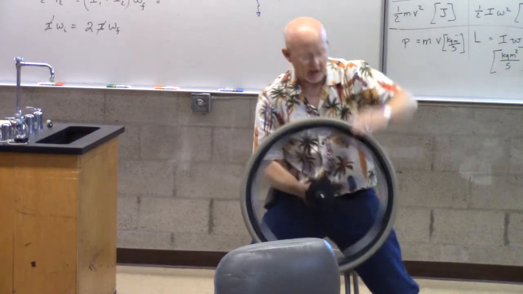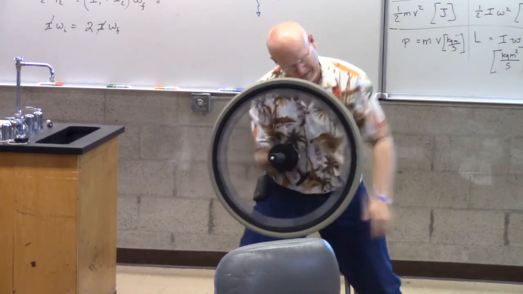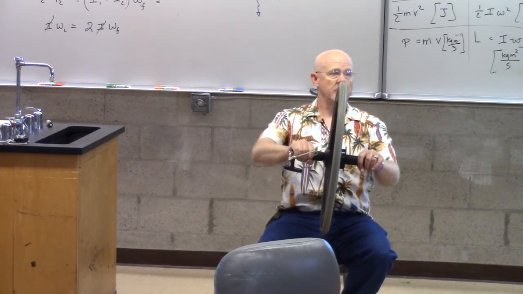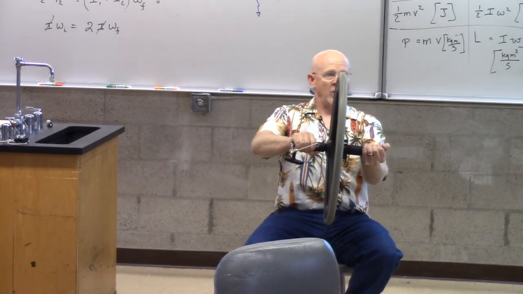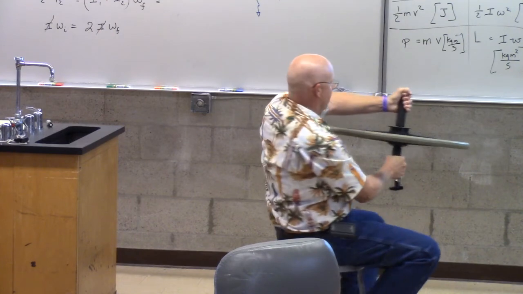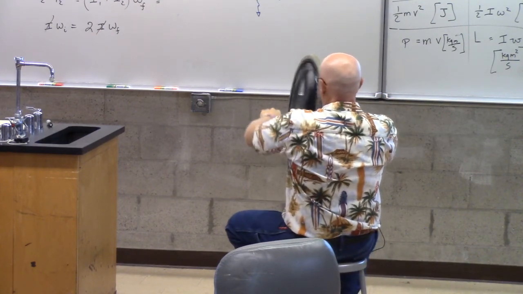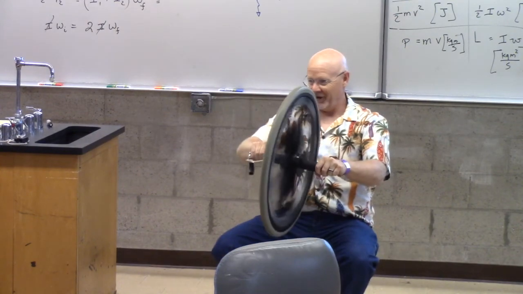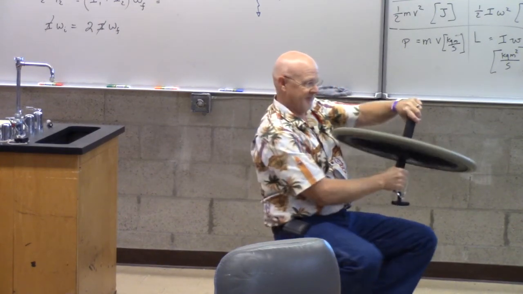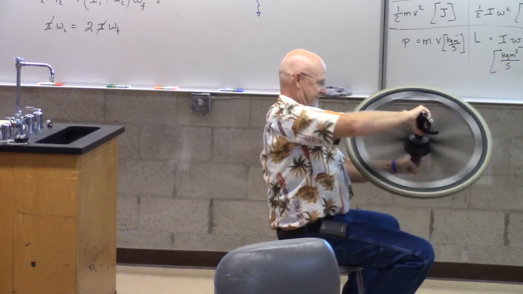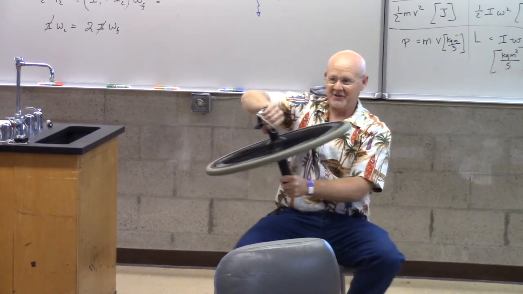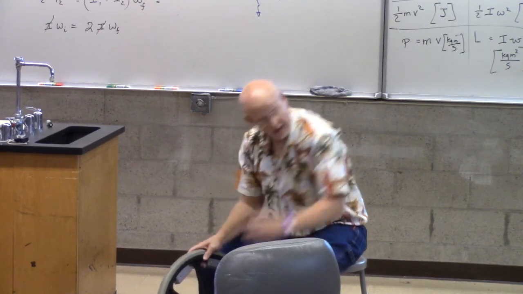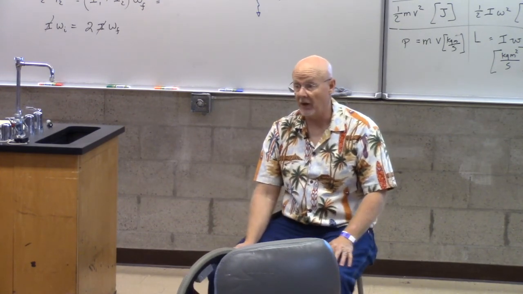But when I get started here, I would say there's no rotation, no angular momentum. So if the wheel goes clockwise, I go counterclockwise. The total angular momentum is conserved. And so we can transfer the angular momentum back and forth.